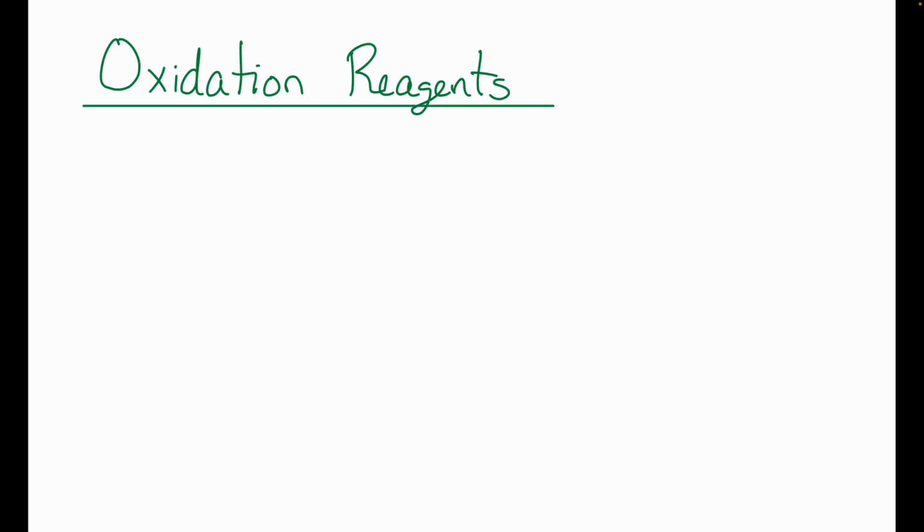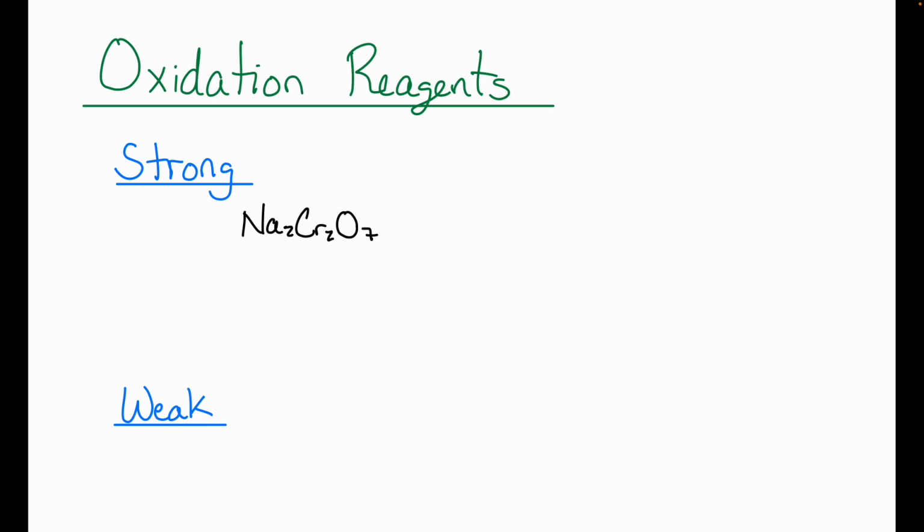We are going to have two buckets for our oxidation reagents, what we're going to call our strong oxidizers and what we call our weak oxidizers. All right, our strong oxidizers, one of which we've seen before in this same context of oxidation reagents, is sodium dichromate.